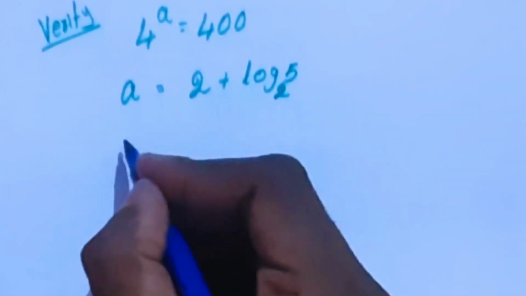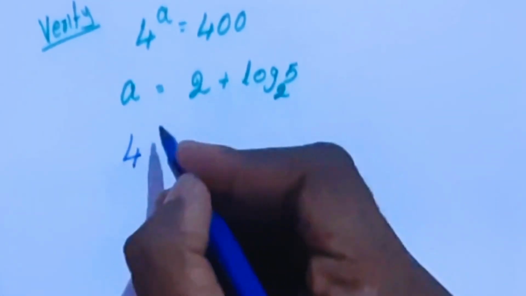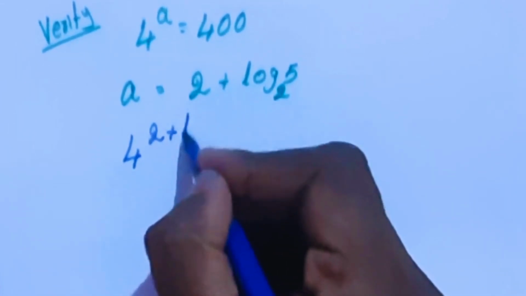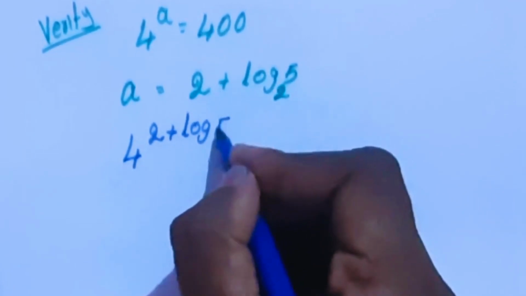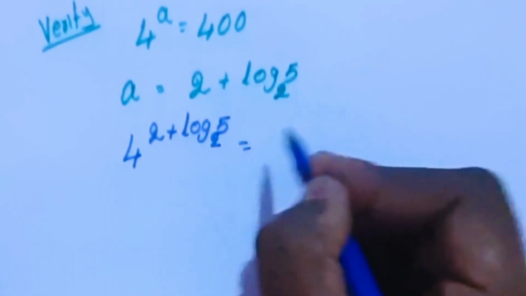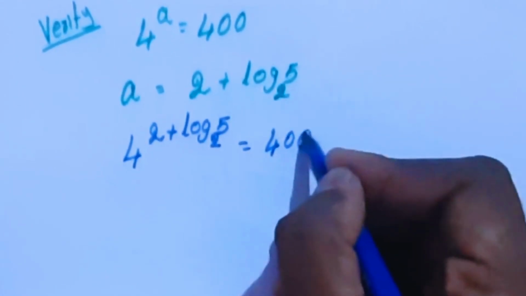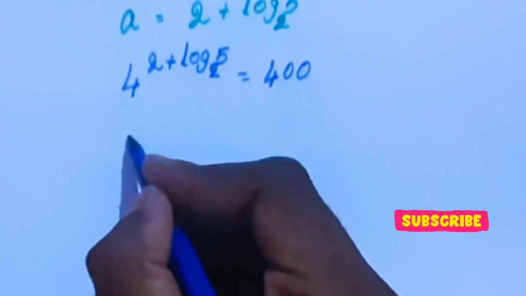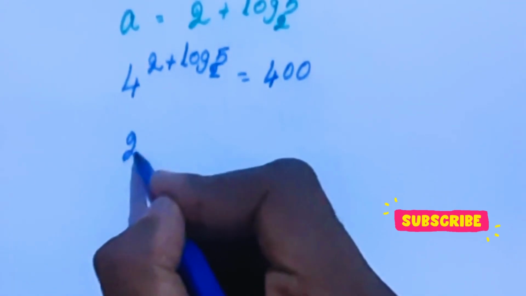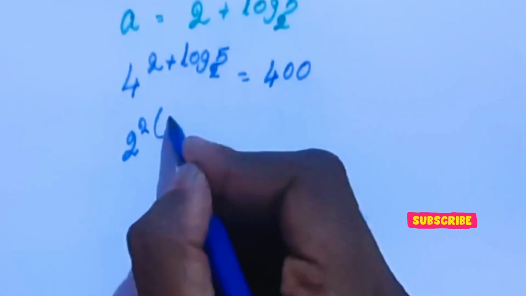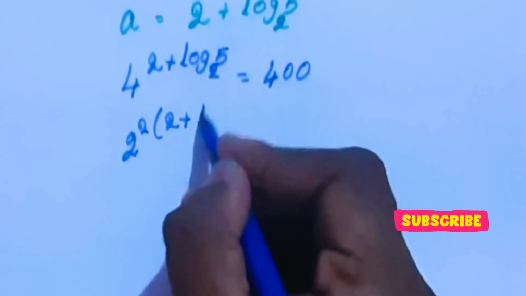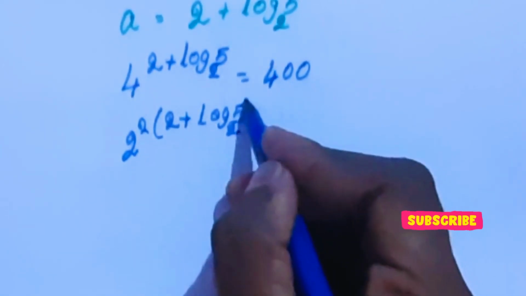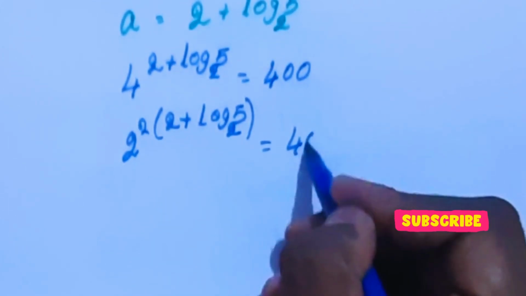So 4 power 2 plus log 5 base 2 equal to 400. Now this can be written as 2 power 2 plus log 5 base 2 equal to 400.